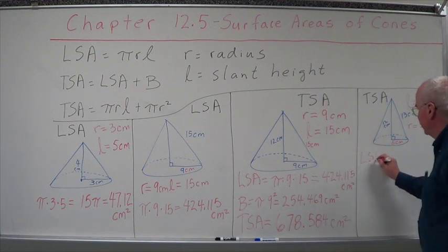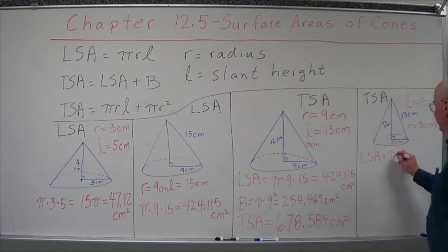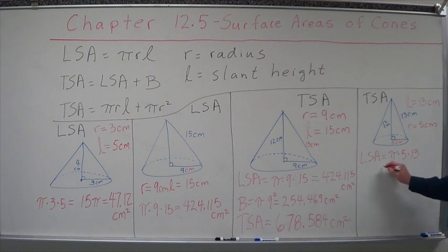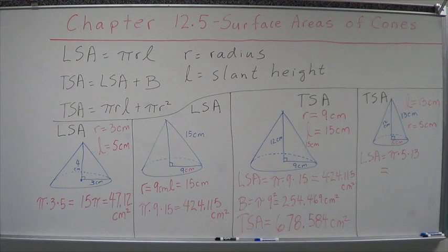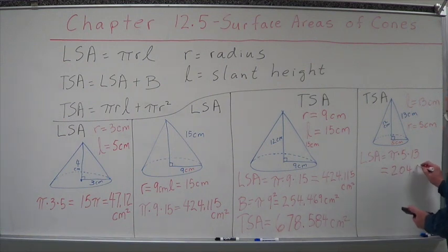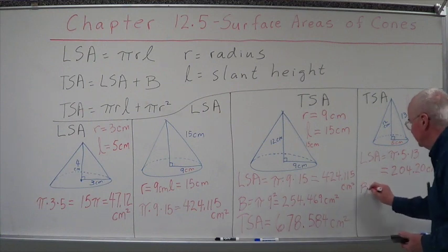LSA equals pi times our radius, 5, times the slant height. Okay, what does that equal? Let's get us an answer. 5 times 13, whoops, 5 times 13, not 16, 65 times pi, 204.20 centimeters squared. What's our base?